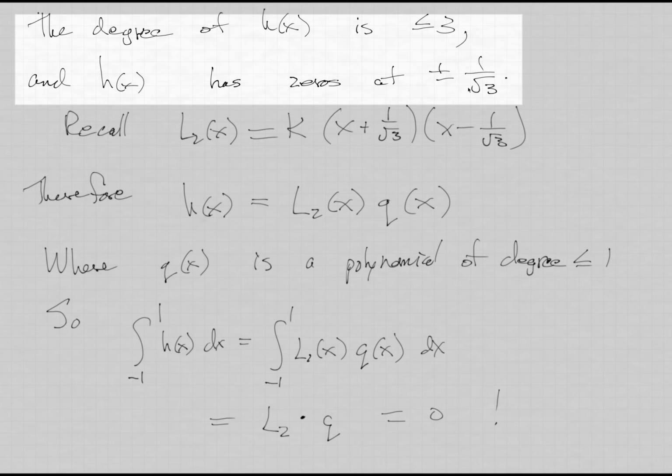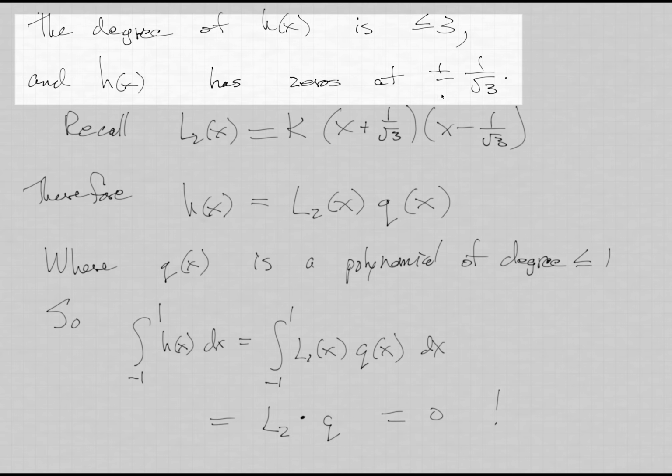Well, you know that if a polynomial has known zeros, you can factor the polynomial using those roots, right? So this has roots of -1 over radical 3 and 1 over radical 3. That means you can factor those two terms out of h.